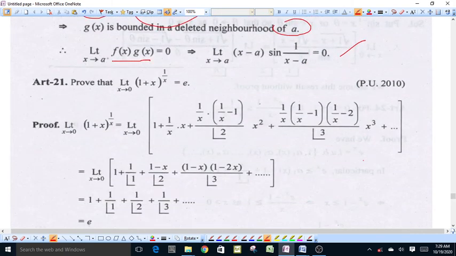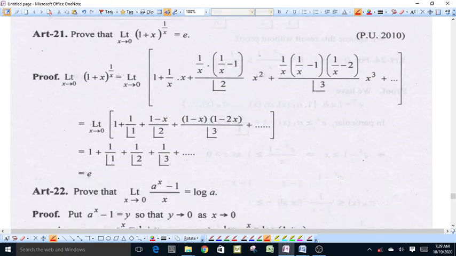Now see this, we have to prove that the limit of (1 plus x) raised to power 1 by x as x approaches 0 is equal to e. We can expand this function with the help of the binomial theorem.